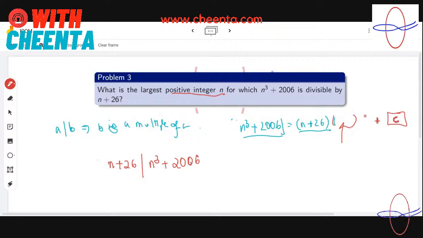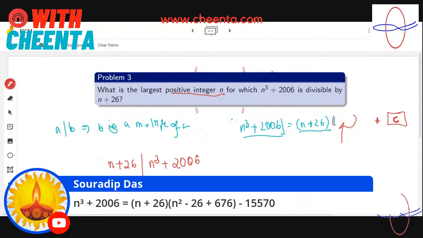As Soradev has told, try to find this, guys. So I will show it to you. n cube plus 2006 is n plus 26 times n square minus 26n plus 676, plus some c. What is that c?